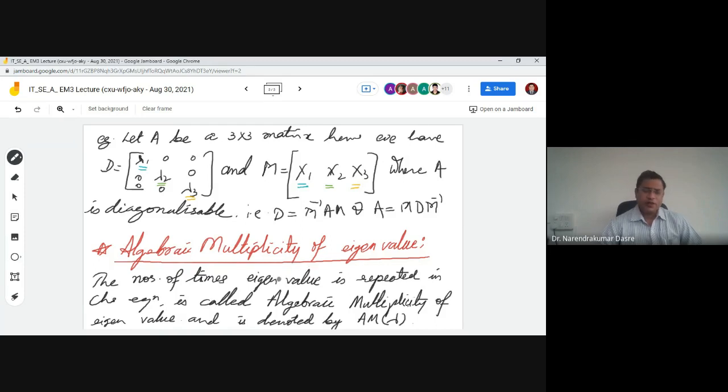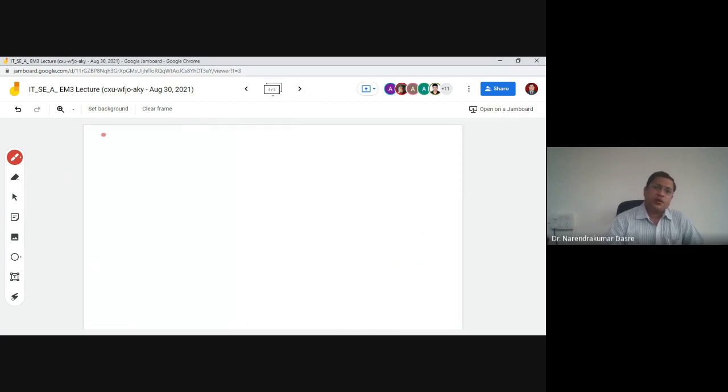It may be repeated one time, two times, three times, and so on. The number of times it is repeated is the algebraic multiplicity. Now, we need to understand geometric multiplicity.